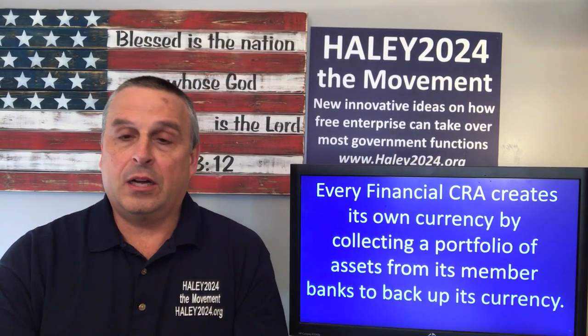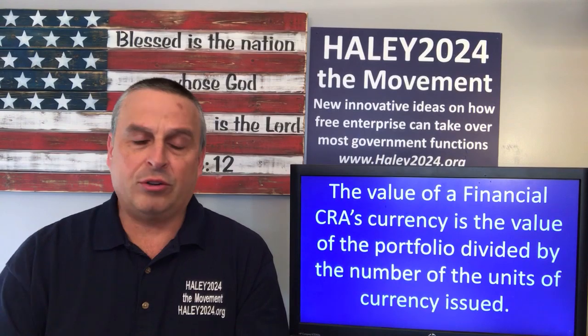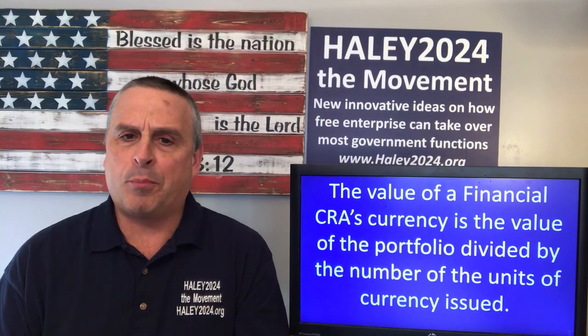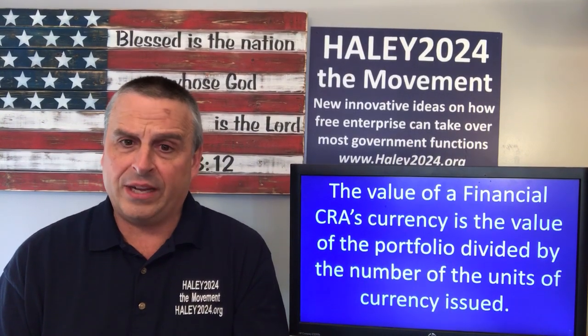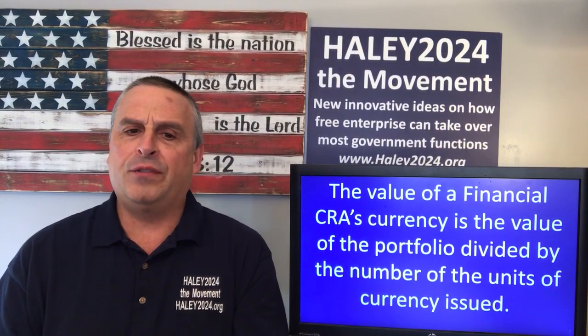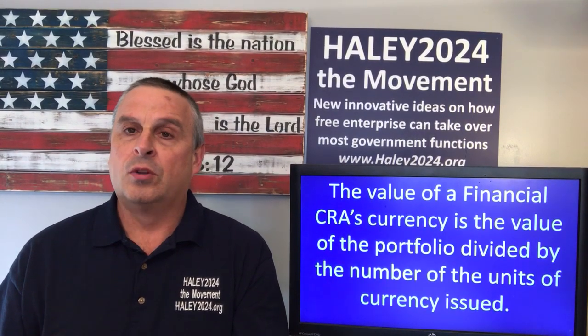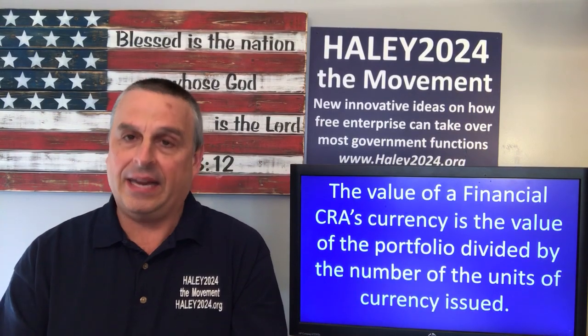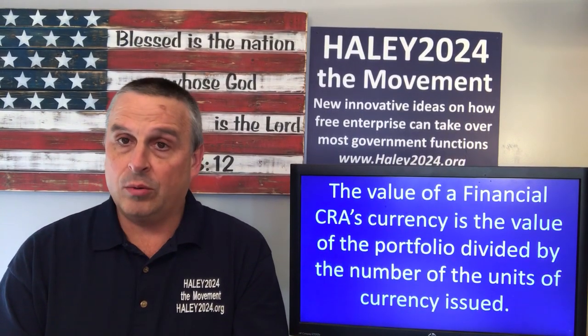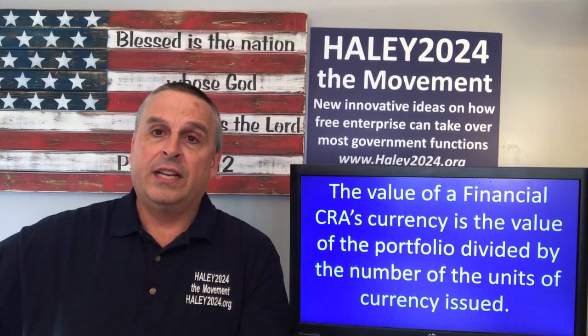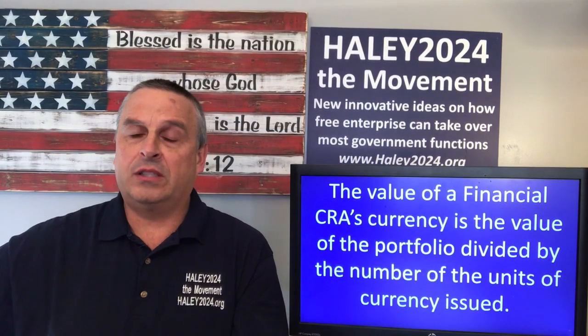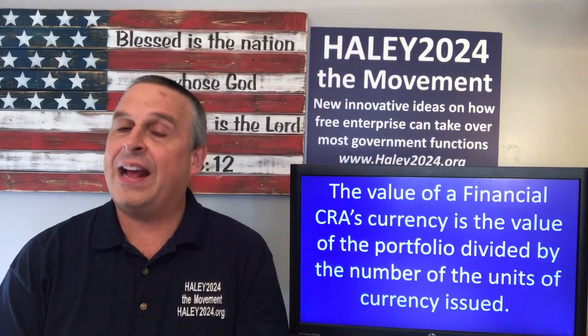Before I go on, let me just keep on going because I address everything on the slides here. The value of a financial CRA currency is the value of the portfolio divided by the number of units of currency issued. You can only issue as much currency as you have assets in your portfolio. You cannot issue $1 million worth of currency and only have $1,000 of assets.